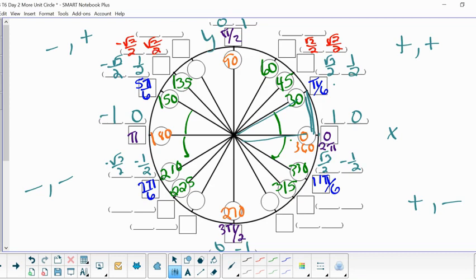Down in quadrant 3, they're both negative, so negative root 2 over 2, negative root 2 over 2. Sorry, my stuff is starting to overlap on this screen. And then in quadrant 4, it'll be positive x, so positive root 2 over 2, negative y, negative root 2 over 2.